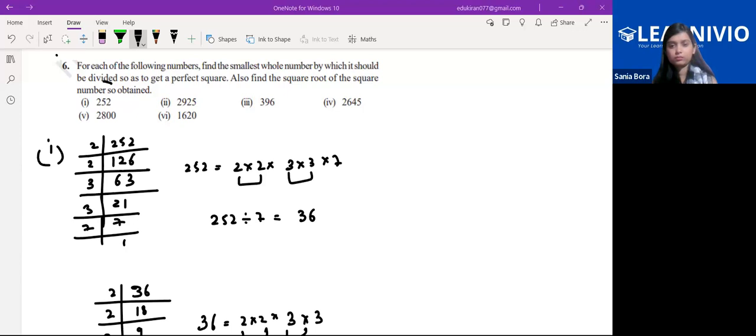Ma'am, 13 can only be divided by itself, right? Sorry, what?